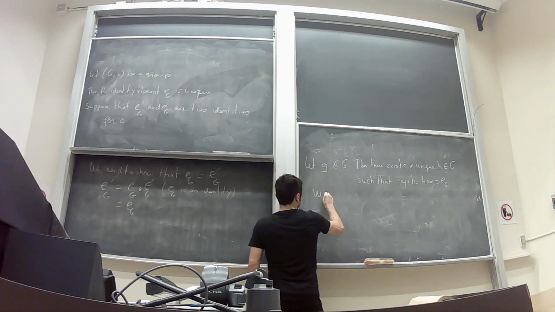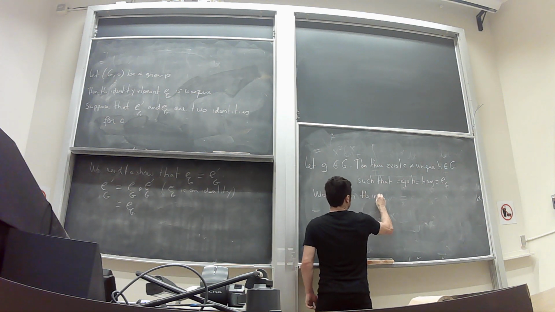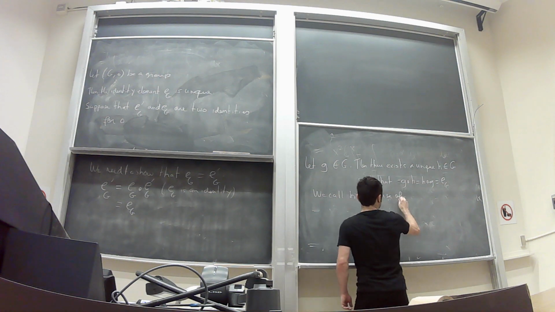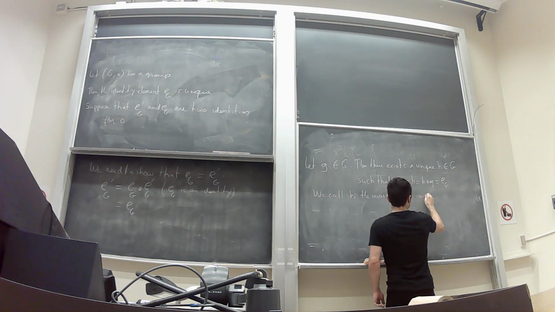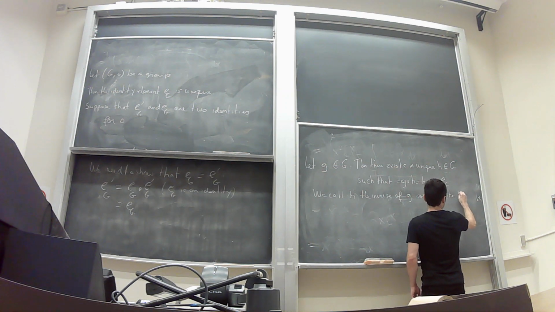We call h the inverse of g, and we write h is equal to g inverse.